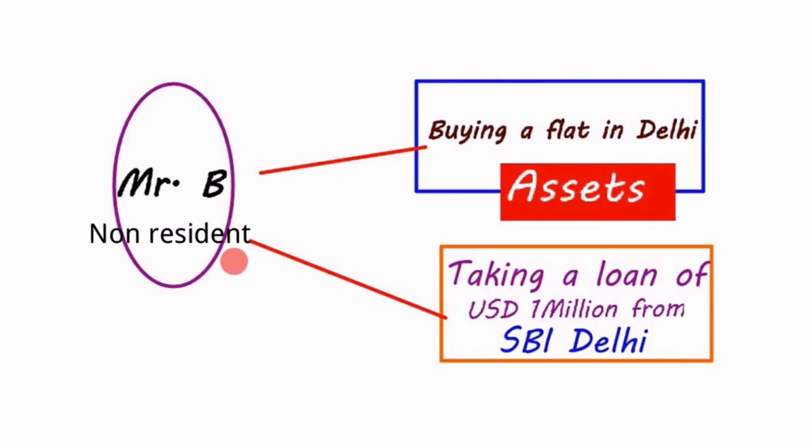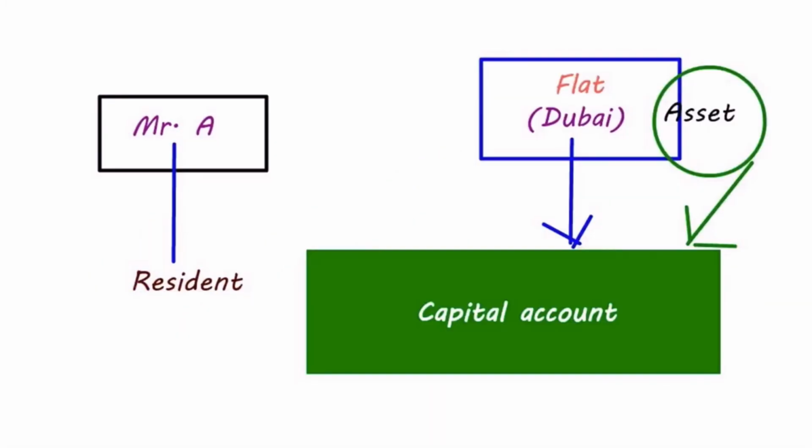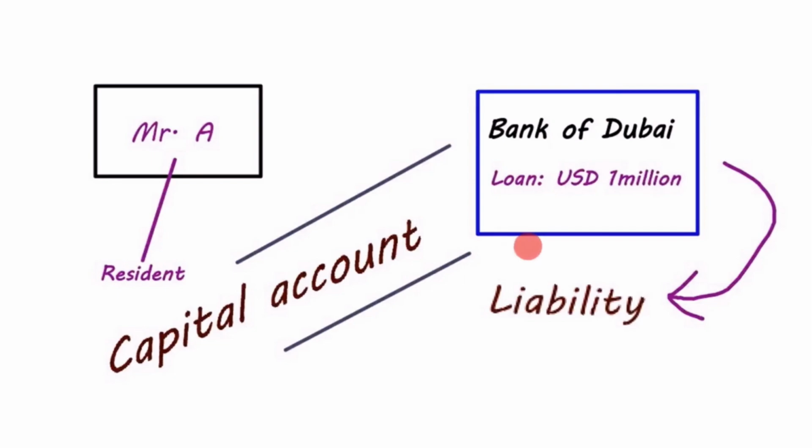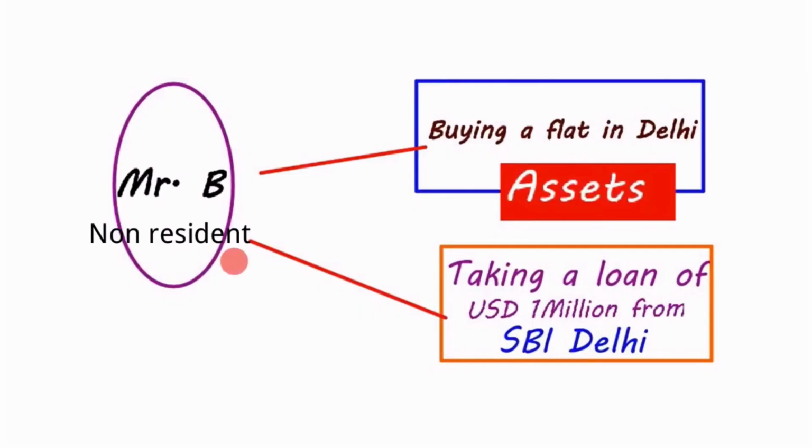So this again will result in capital account transactions. Hope you have understood. Whether he's a resident or a non-resident, these are the transactions which result in capital account transactions. Hope you have understood the concept perfectly.